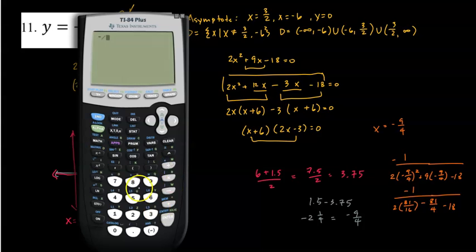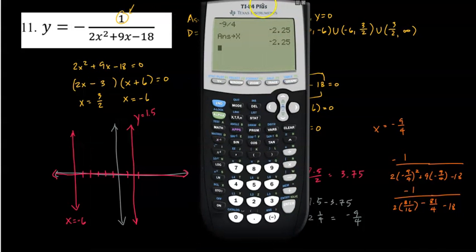Put in negative 9 divided by 4, enter, store it as x. Then put in that whole negative 1 divided by 2 times x squared plus 9x minus 18. And then go to math.